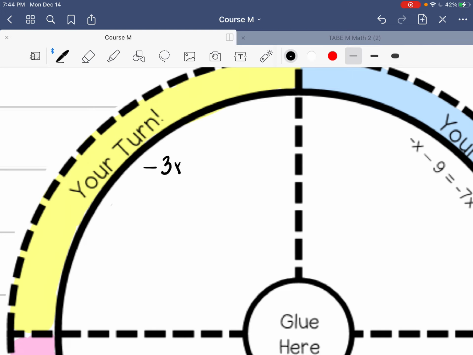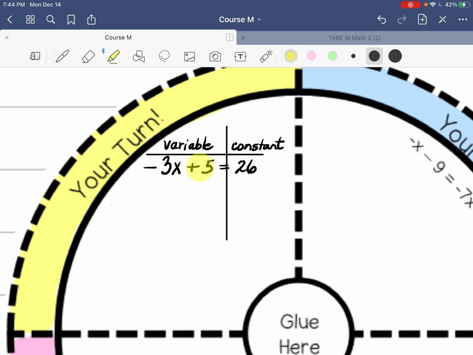So I have negative 3x plus 5 is 26. First step, draw the power t. Variable and constant. Then you add or subtract your constant, and in this case I need to subtract it.